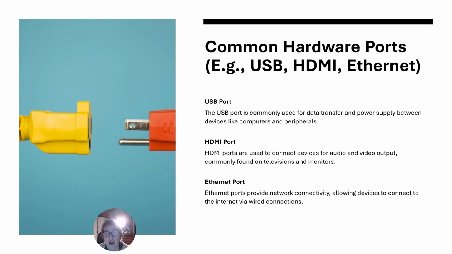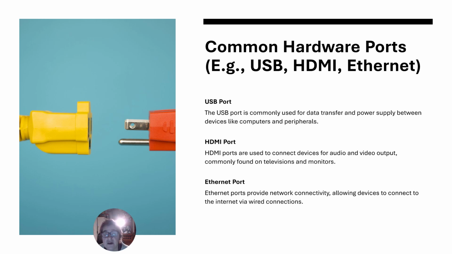Okay, so hardware ports. Some examples here are USB, HDMI, Ethernet. A USB, or Universal Serial Bus, port is commonly used, in fact it's pretty much everywhere, for data transfer and power supply between devices like computers and peripherals. HDMI ports are commonly used to connect devices for audio and video, so probably like a computer monitor of some description. Output commonly found in televisions and monitors.